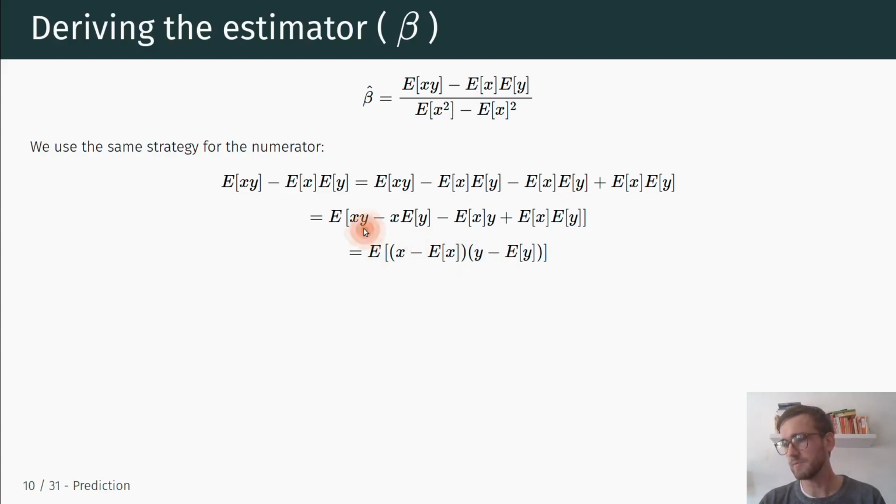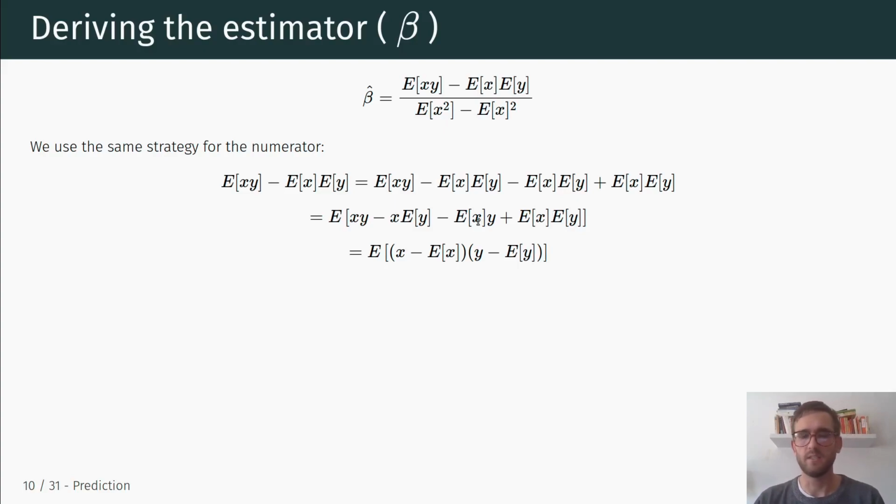We get x times y minus, and then x times ey, so that's this times this is this, and then minus ex times y, this is this, and then plus ex times ey, that's this part. Okay, so again we're just rearranging the expectations here.